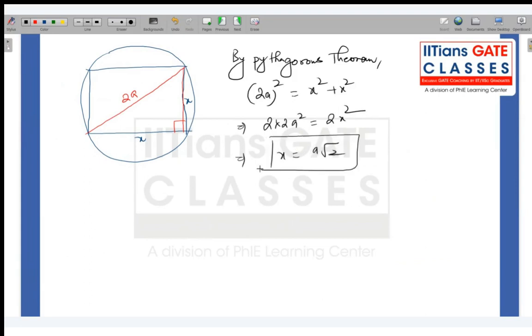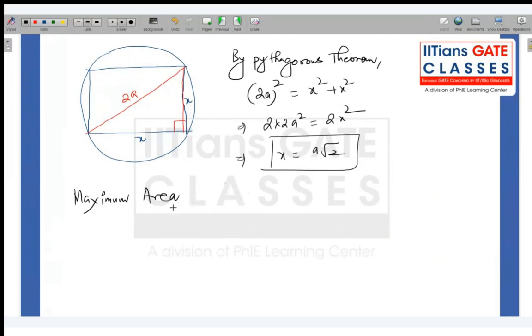Now the maximum area, we call it rectangle here, but if you want to find the maximum area of this PQRS, it should be a square, right?